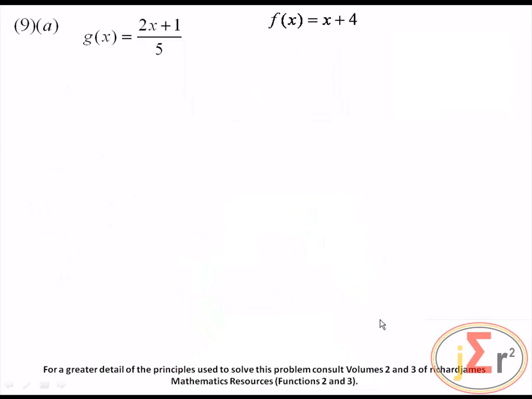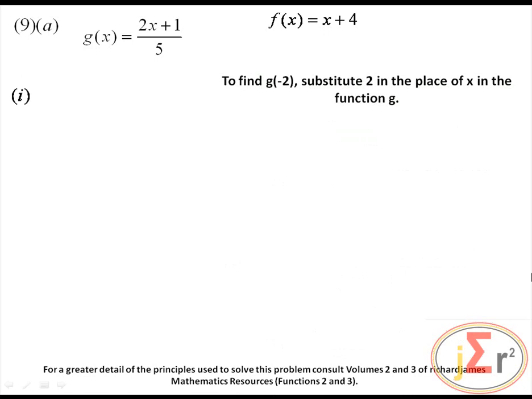Here we have two functions defined as g of x is equal to 2x plus 1 divided by 5, and f of x is x plus 4. Calculate the value of g of negative 2. Now to find g of negative 2, in the function g, where we see x, we put negative 2.